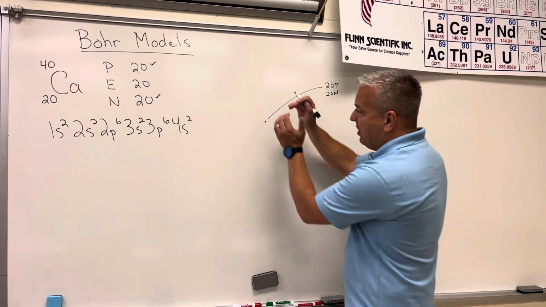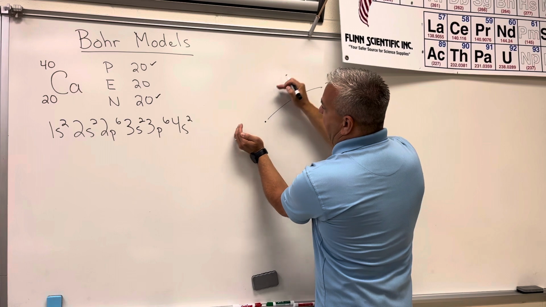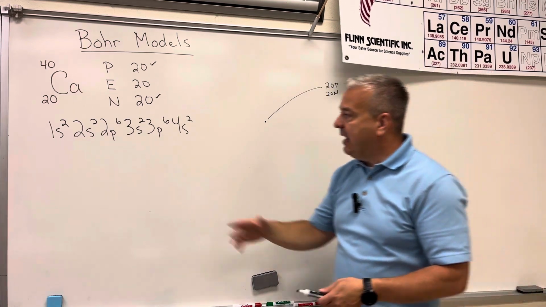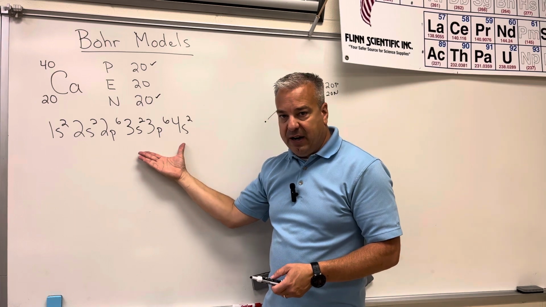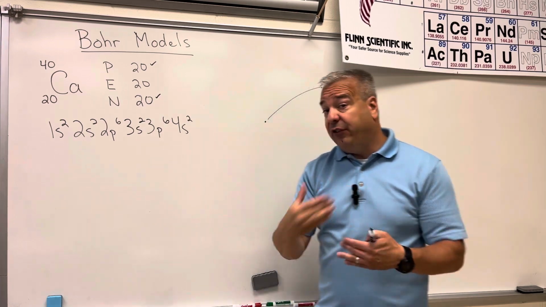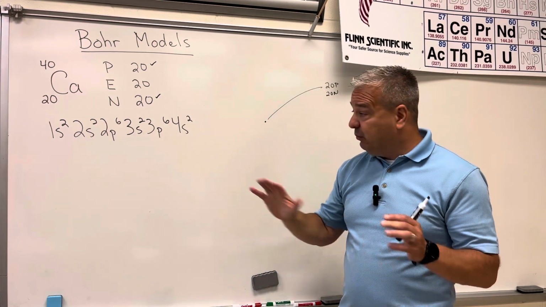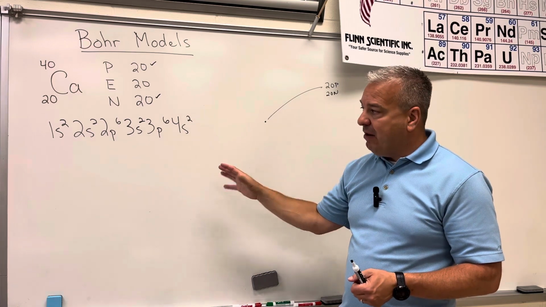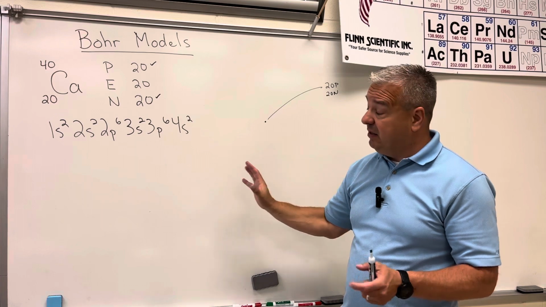Now, the electrons are going to be in orbits in a Bohr model. The number of rings is actually displayed here in the electron configuration. This code of electron configuration is really easy to figure out. You just have to watch that video, but after you have it figured out, it's very easy to decipher.